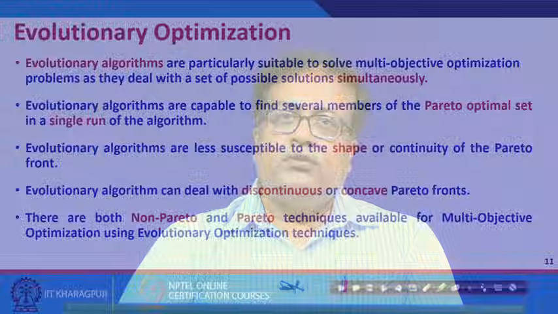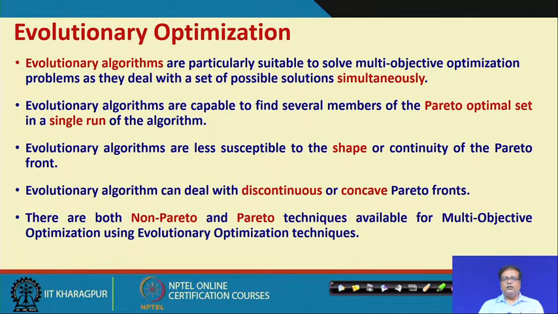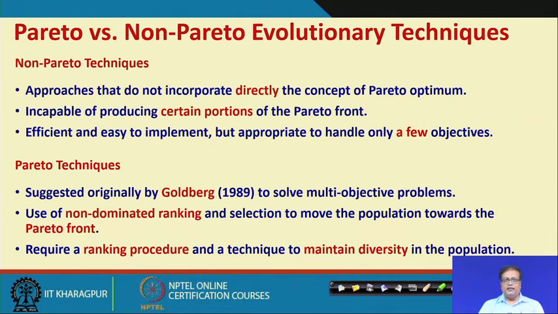There are both non-Pareto and Pareto methods for multi-objective optimization using evolutionary techniques. The non-Pareto methods do not directly incorporate the concept of Pareto optimum, and therefore cannot produce certain portions of the Pareto front. They are easy to implement, but cannot handle a large number of objectives.